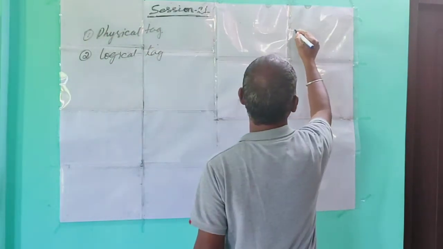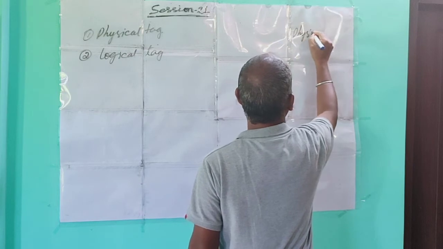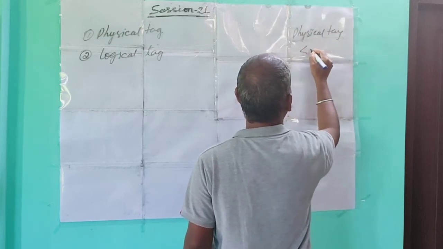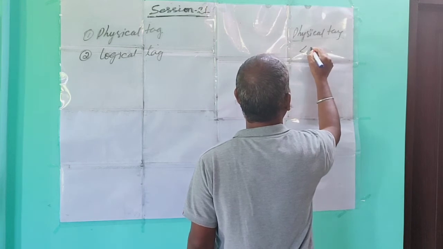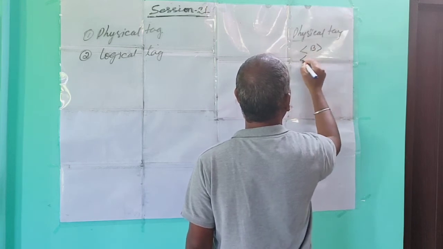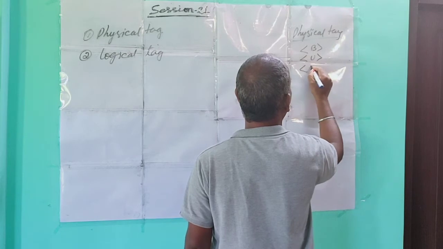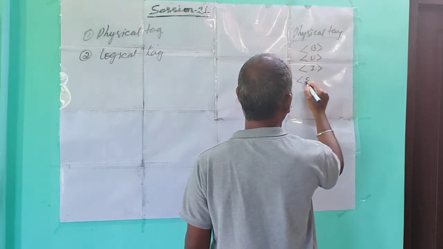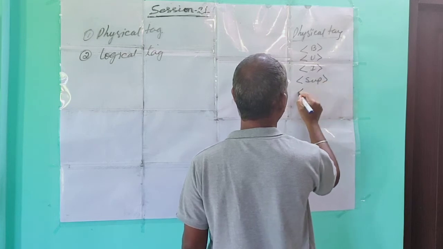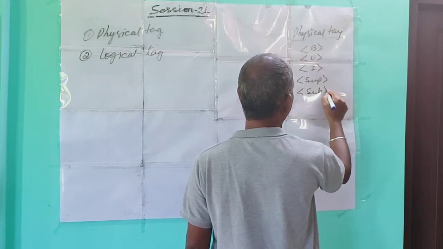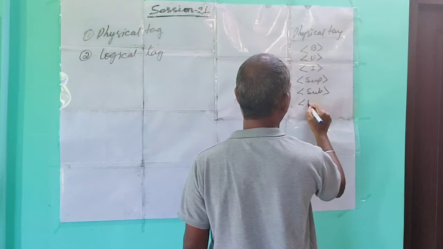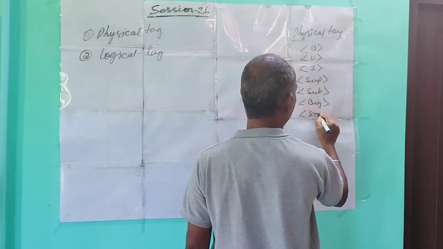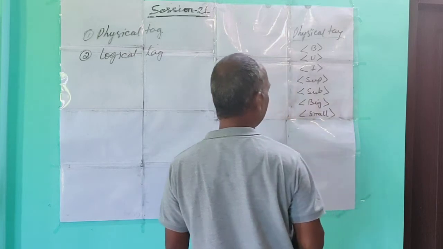Under physical tag we will get bold, underline, italics, superscript, subscript, big, small.